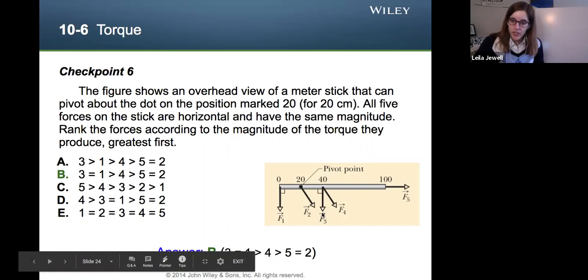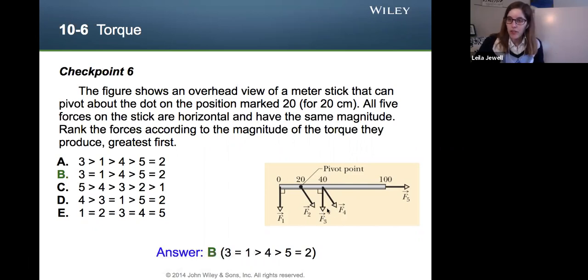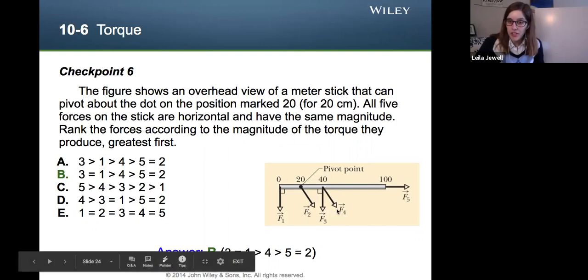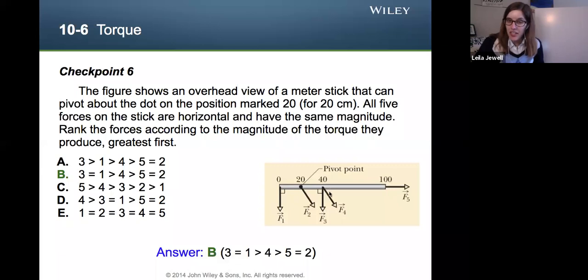And 1 and 3, because they're perpendicular to the radius, will have the largest amount of torque. 4 is at the same distance as 3, but because it is at an angle between 0 and 90, it's at a value of torque that's intermediate, or in between. And note, it's focusing on the magnitude of the torque, so it doesn't matter if it's a positive or a negative torque. So that's why 1 and 3 are in fact the same.